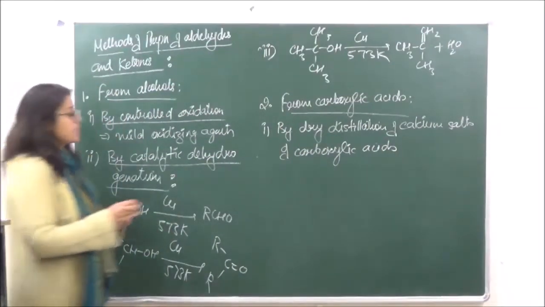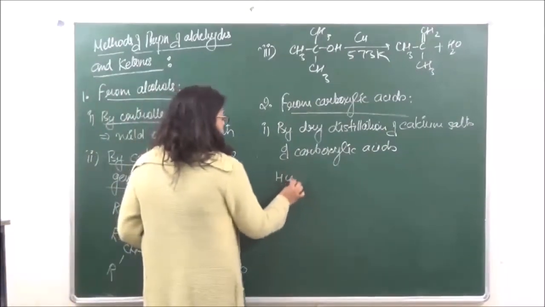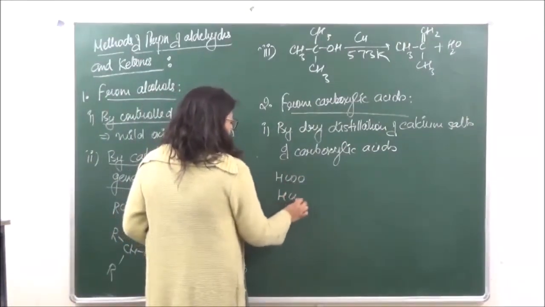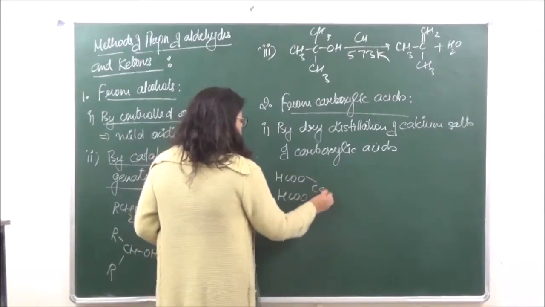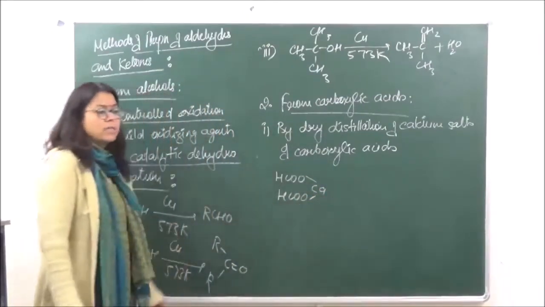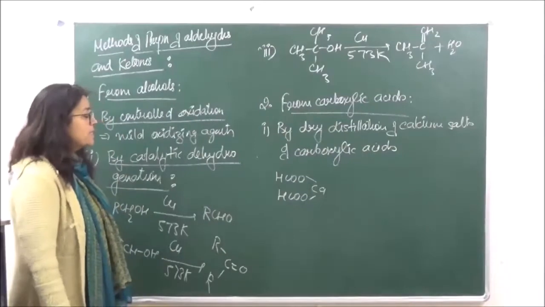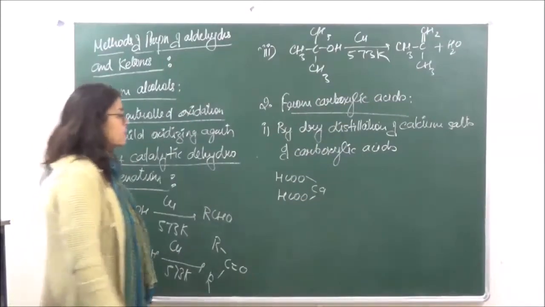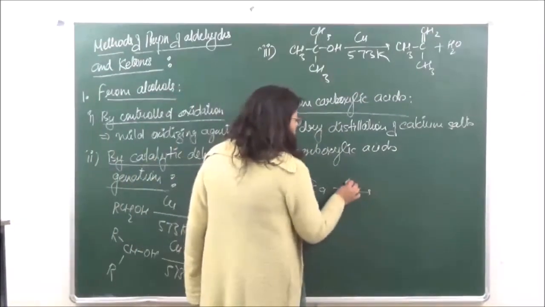So over here, let's take the salt as formic acid, calcium formate. Now this reaction is going to follow the decarboxylation path, which means that a molecule of carbon dioxide is going to be removed in the form of carbonate.